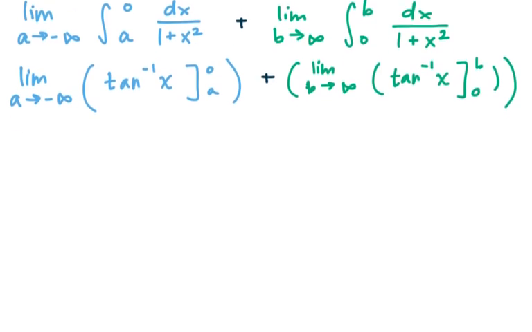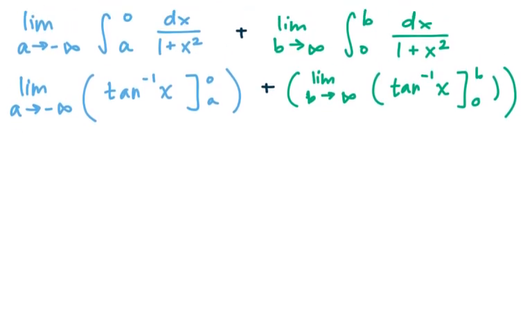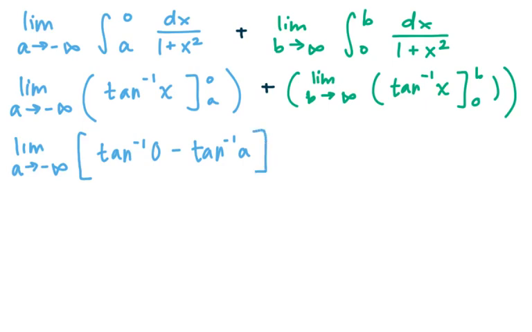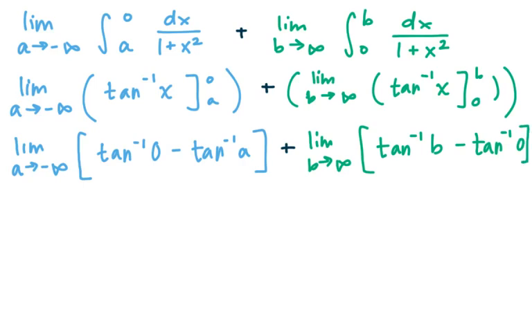So now I'm going to plug in my zeros and my a's and b's. I have the limit as a goes to negative infinity. I'll plug in 0 for x and then a. I have tangent inverse of 0 minus tangent inverse of a plus the limit as b approaches positive infinity, tangent inverse of b minus tangent inverse of 0.